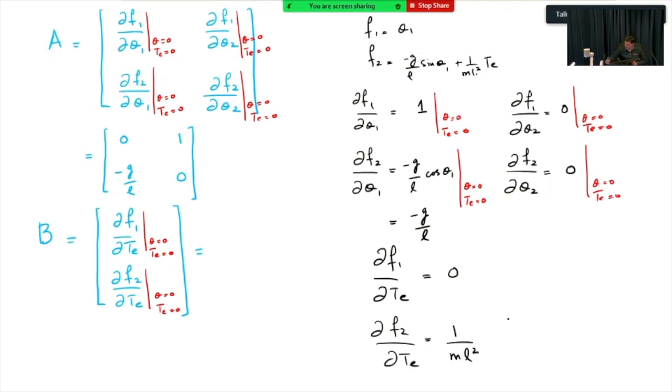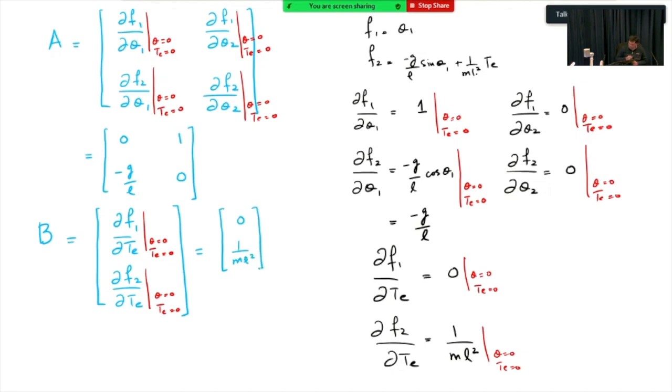Okay, obviously you had to put these things, but these are luckily not needed, right? So we are just left with a 0, 1 over ml squared.